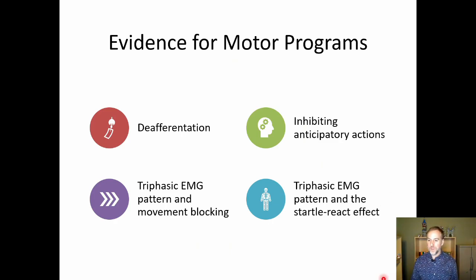That is our fourth source of evidence for motor programs. So we talked about deafferentation. If you're deafferented, you close your eyes, you can still move. You're using your motor programs in a completely open loop manner. We looked at inhibiting anticipatory actions, and that showed us that once we start the motor program, we can't stop it right away. It takes time for closed loop control. With movement blocking, we saw very nicely that transition from open loop to closed loop control at around 100 milliseconds.